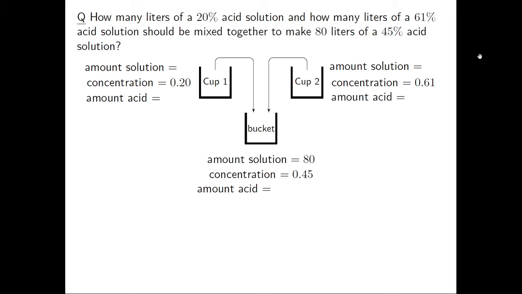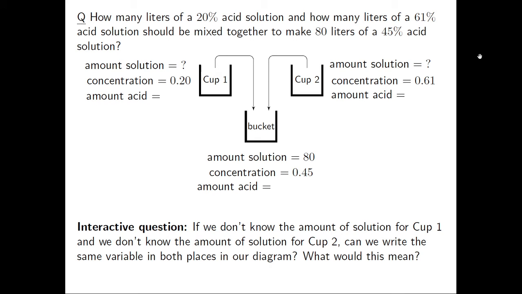Now, all the numbers that we were provided in the question have been placed somewhere inside this diagram. So now what do we do? Well, we don't know the amount of solution for cup 1 or the amount of solution for cup 2, so there are these two question marks here. Here's an interactive question. If we don't know the amount of solution for cup 1 and we don't know the amount of solution for cup 2, can we just write the same variable in both places in our diagram?